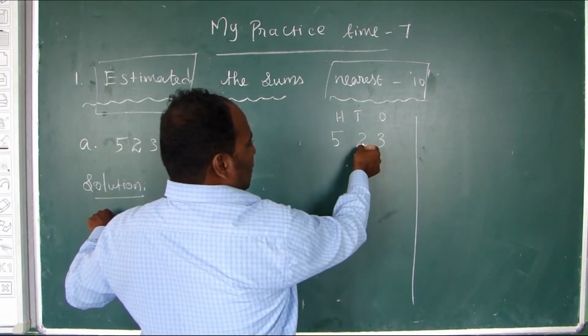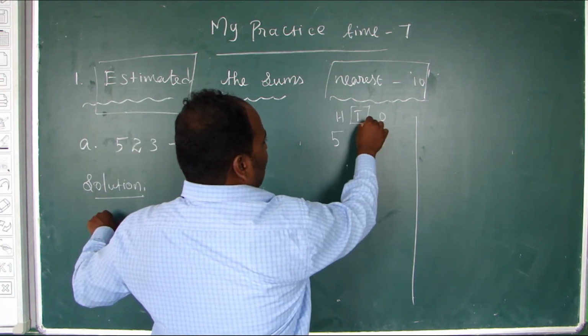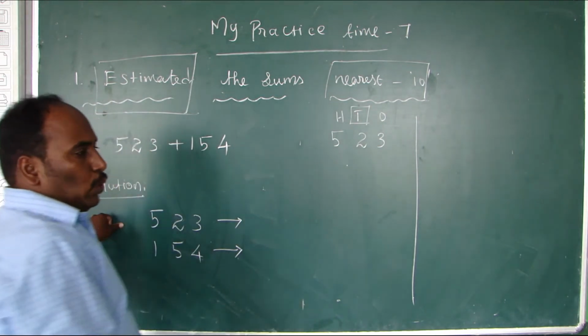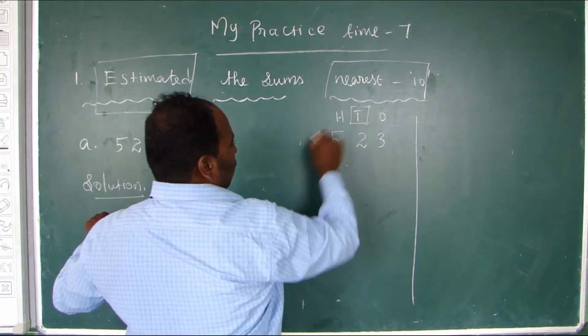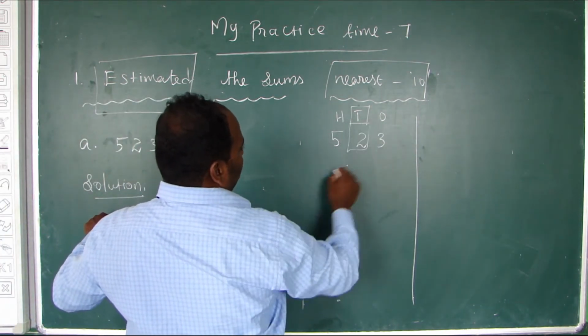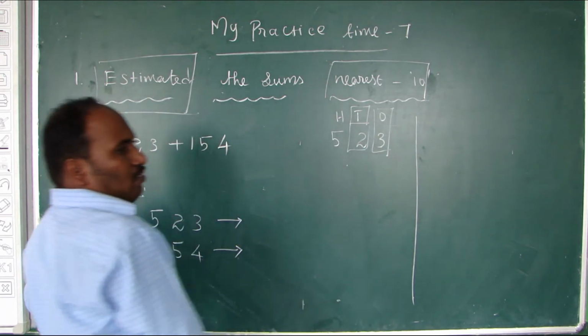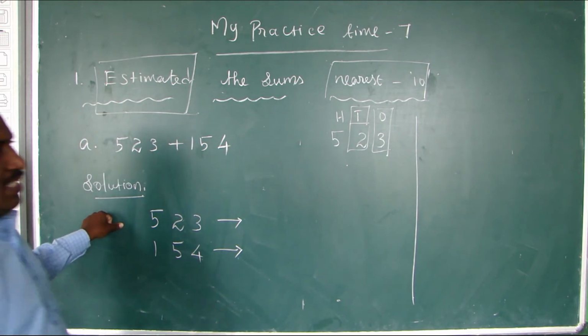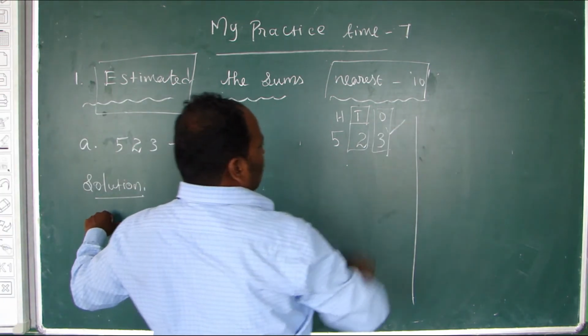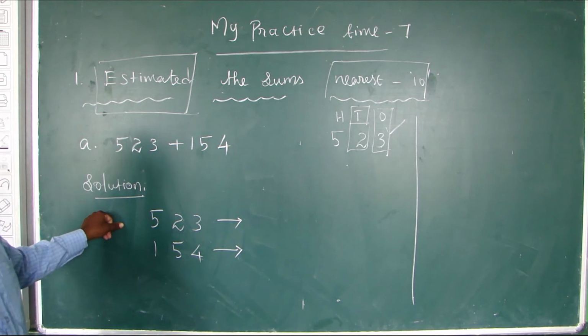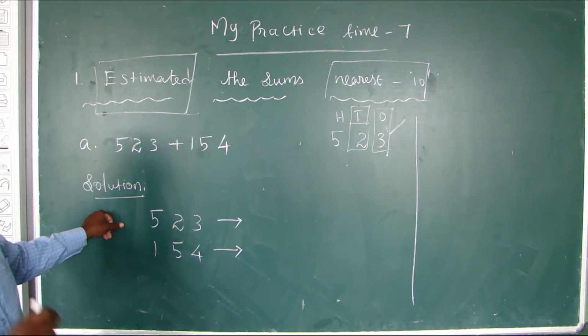Ones, tens, hundreds. We want the nearest tens, so consider the ones place, which is 3. If the ones place is 0, 1, 2, 3, 4, it becomes 0 and the tens place is unchanged.